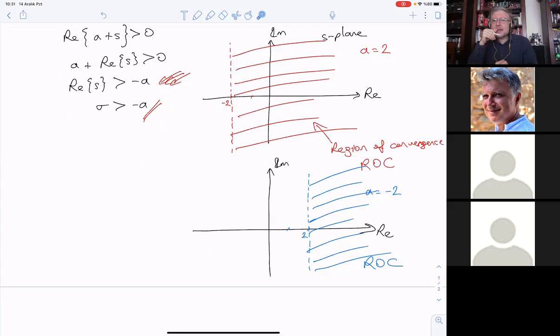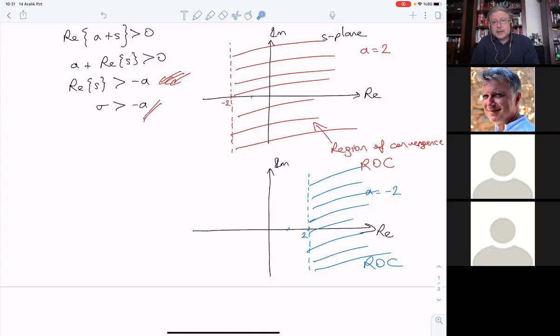And we also know that if a is equal to 2, then the Fourier transform also exists, because e to the minus 2t u of t is a decaying exponential, and its Fourier transform is 1 over 2 plus j omega. Okay, that will be the Fourier transform. The Fourier transform exists for a equal to 2, but for a equal to minus 2, the Fourier transform does not exist.